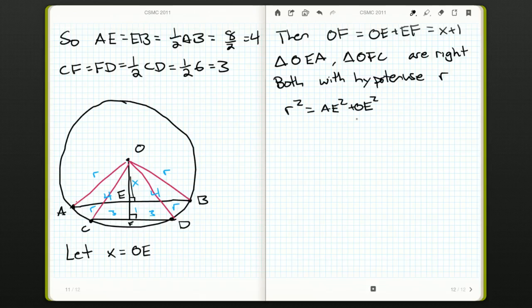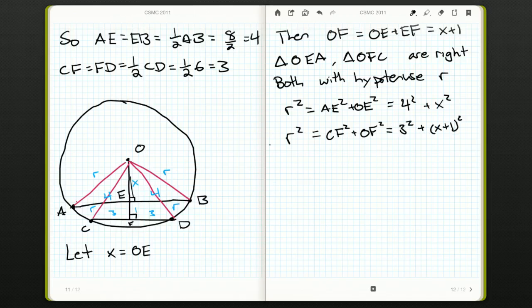So r squared is AE squared plus OE squared. Well, that's 4 squared plus x squared, or 16 plus x squared. Another equation for r squared would be CF squared, which we know is 3, plus OF squared. So 3 squared plus (x plus 1) squared.